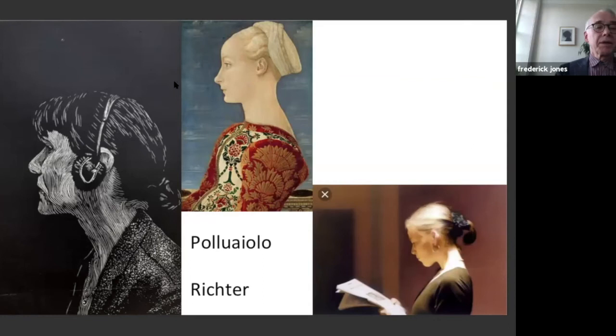Incidentally, the figure, that's Mrs. Jones, that's my wife. She is looking at a painting in the Gemäldegalerie in Berlin. Not, as it happens, the Pollaiuolo, which is also there, but at, I think, an Adam and Eve.